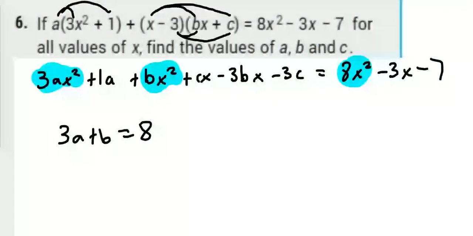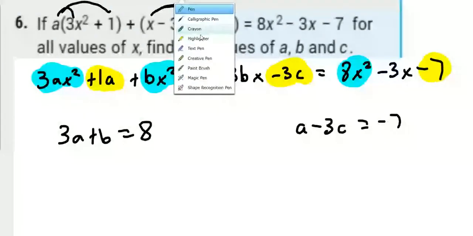Next, I'm going to go for this yellow one here, and this yellow one here must equal minus 7. So what we're going to have is a minus 3c equals minus 7.